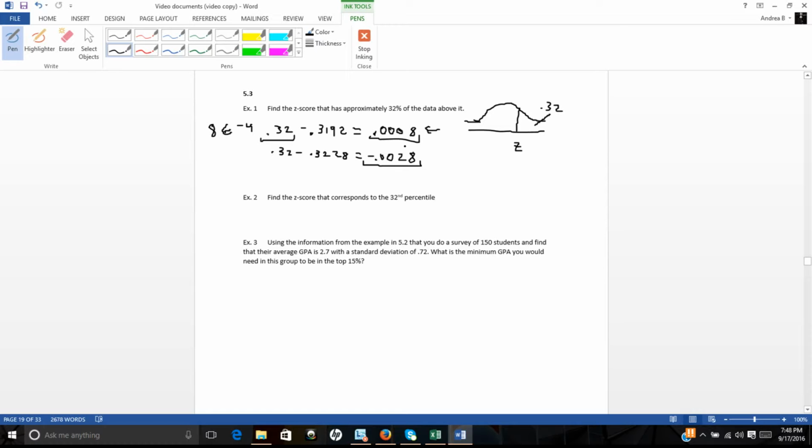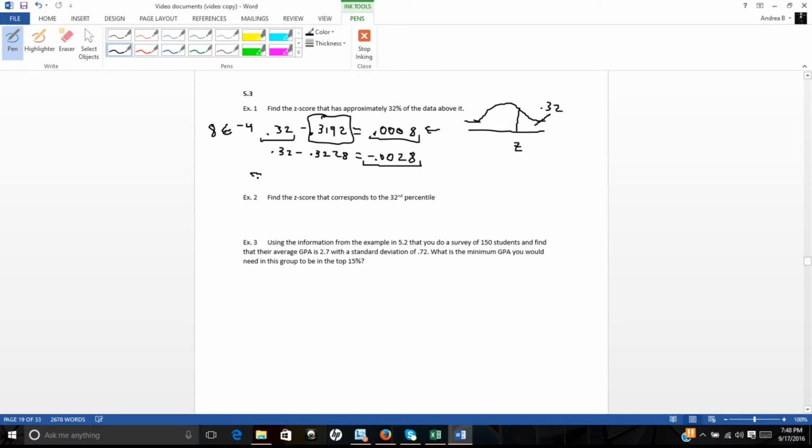So then what you'd want to do is look back in the chart to see what the z-score was that was corresponding to this value of 0.3192. So if we look back there at the one that said 0.3192, we have to go over to the left in the chart and then up to see what the corresponding z-score value is for that.